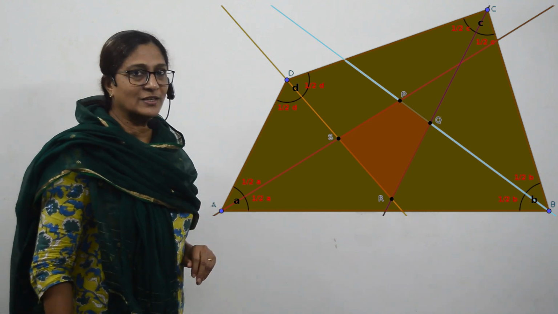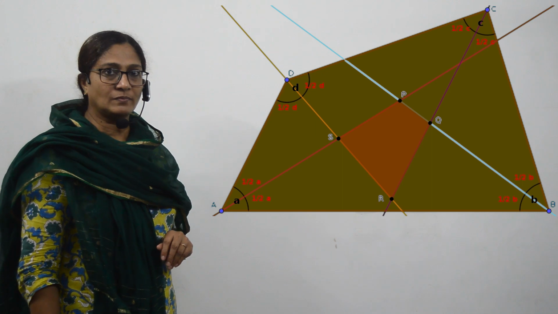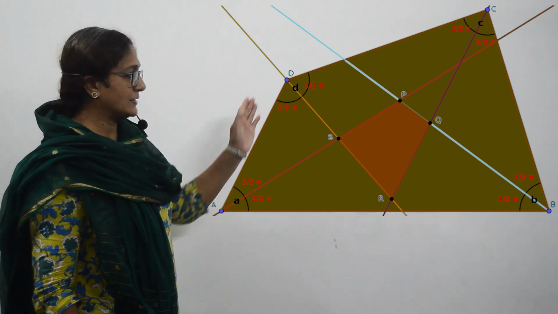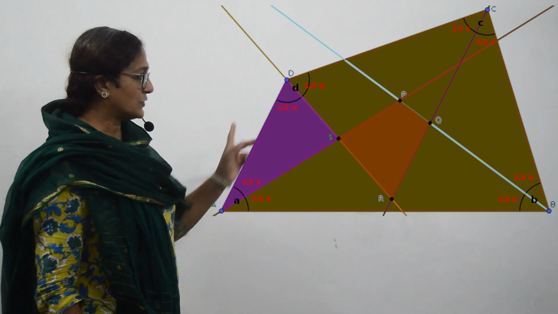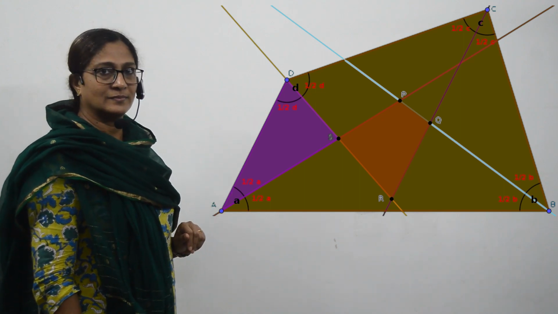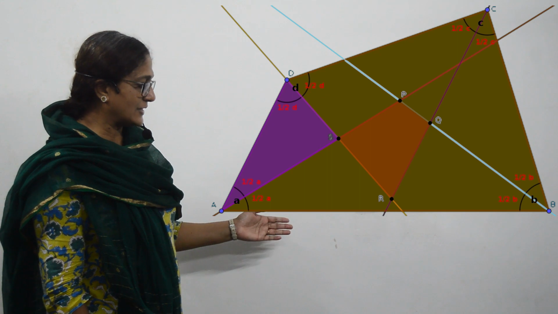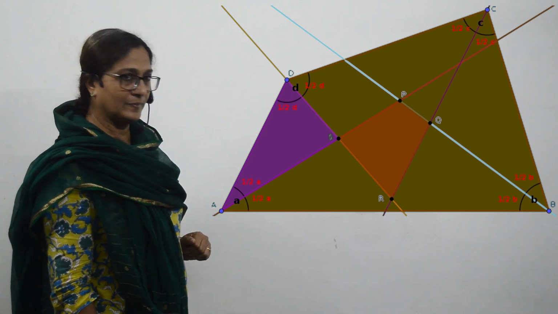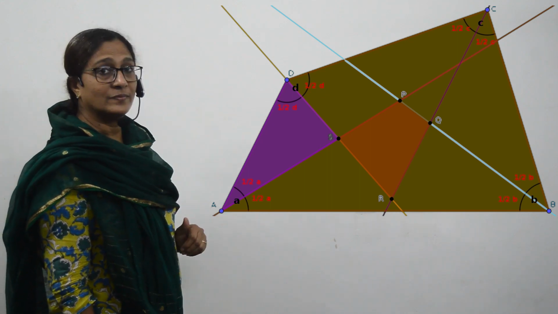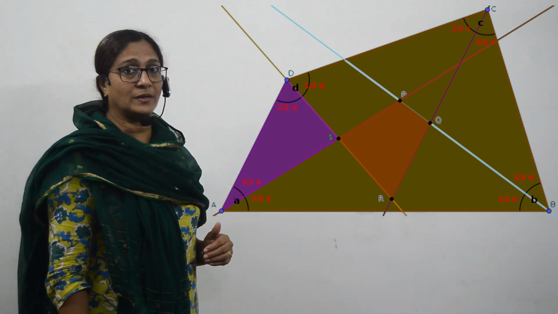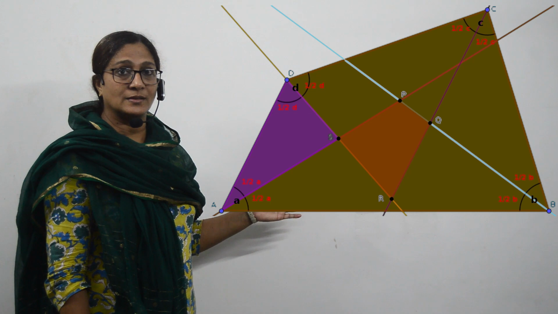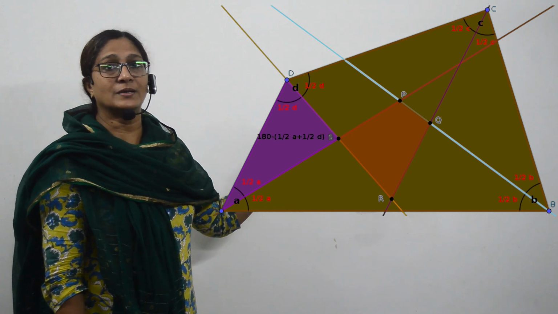We can prove something interesting in this. Let's consider the triangle DSA. It has three angles. One of its angles is half A, another angle is half D. So the third angle will be 180 minus (half A plus half D).